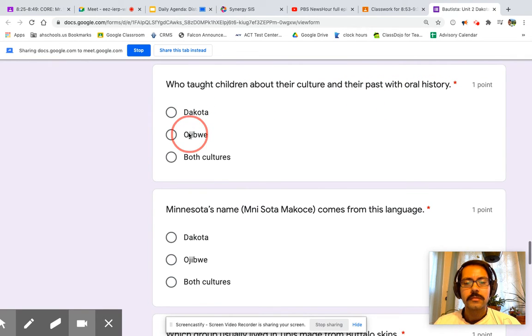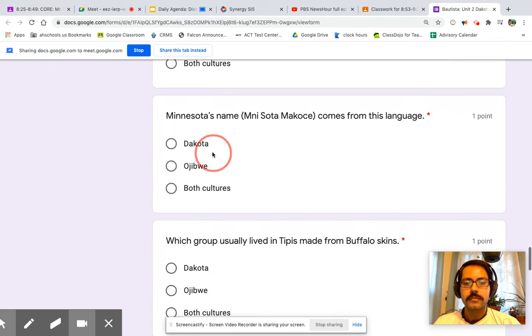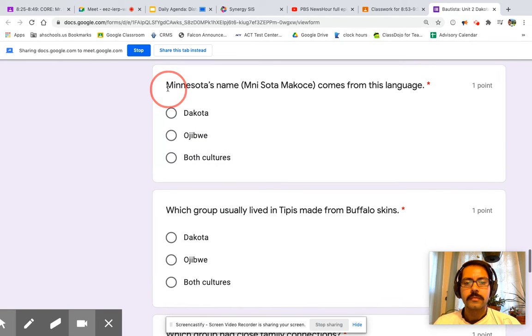Dakota, Ojibwe, both cultures. Minnesota's name, Minnesota Makoche, comes from this language. Dakota, Ojibwe, or both cultures.